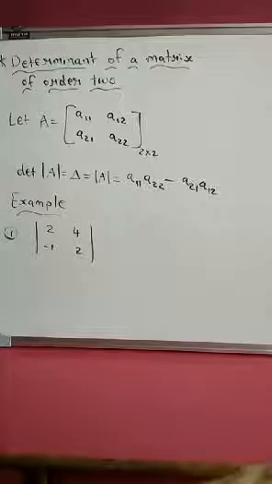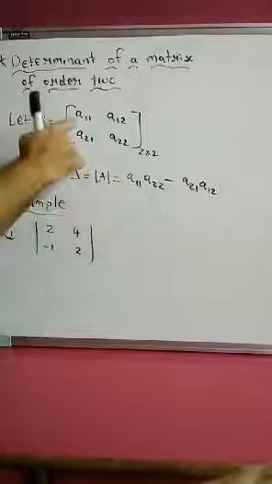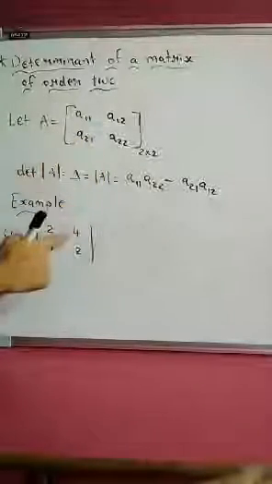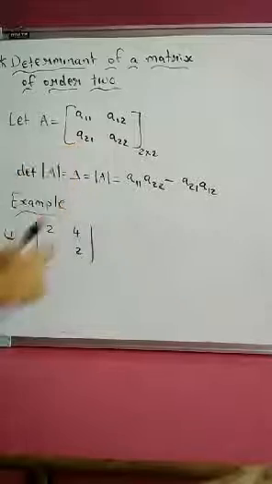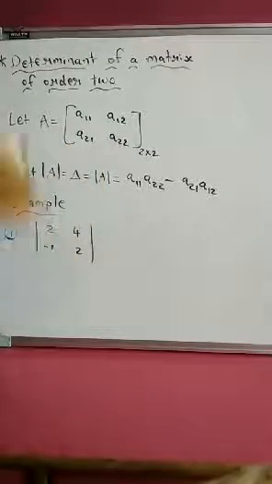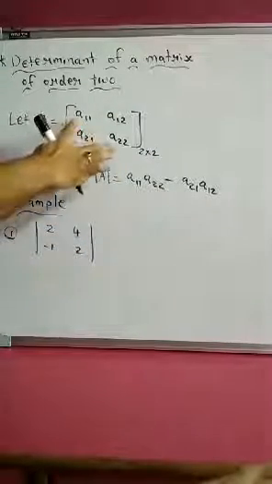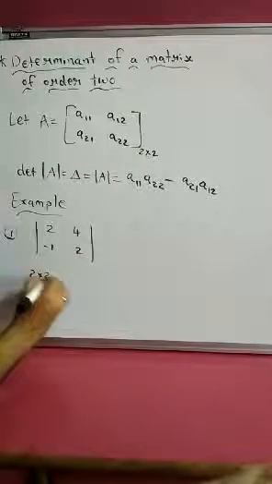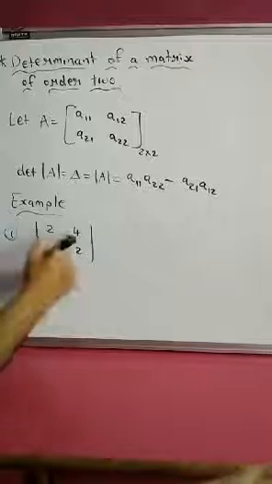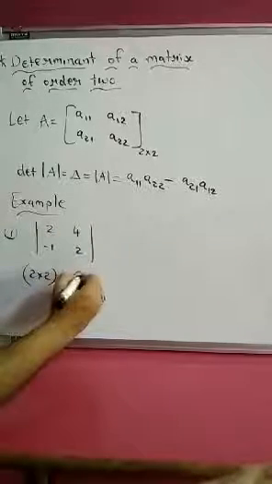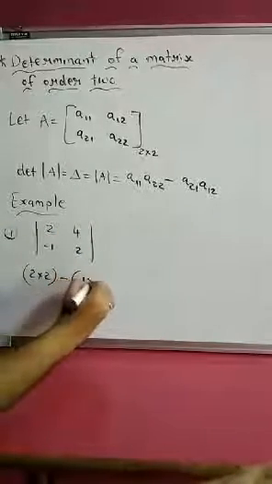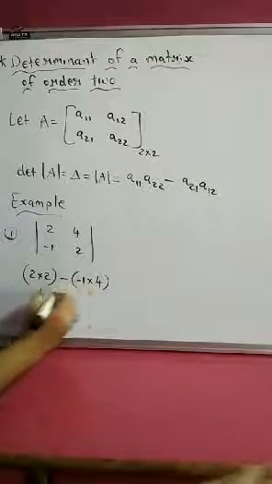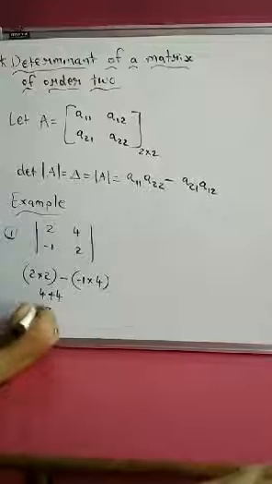Now what you have to do: instead of a11 we have 2, instead of a12 we have 4, instead of a21 we have minus 1, instead of a22 we have 2. So a11 and a22, these two, 2 and 2, we multiply, then the minus sign, and the remaining two elements we multiply, minus 1 with 4. 2 twos are 4, minus minus will become plus, 4 ones are 4, its answer will be 8.